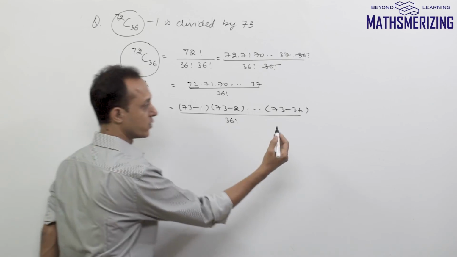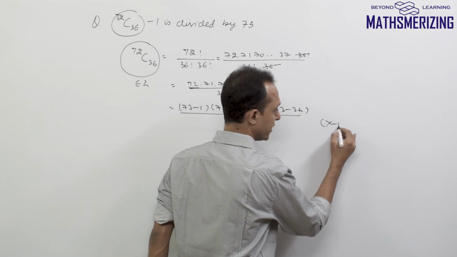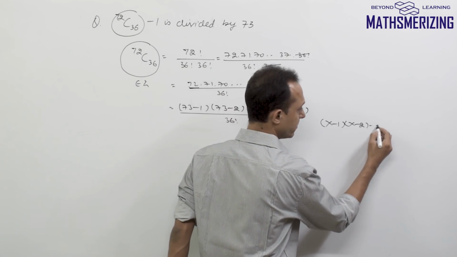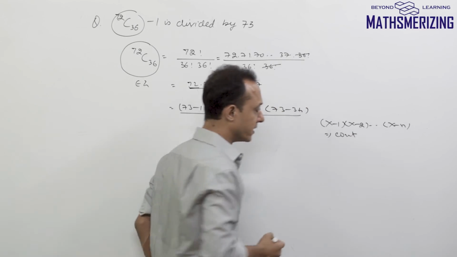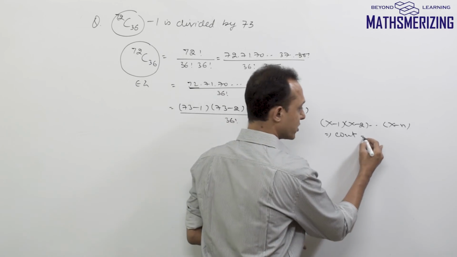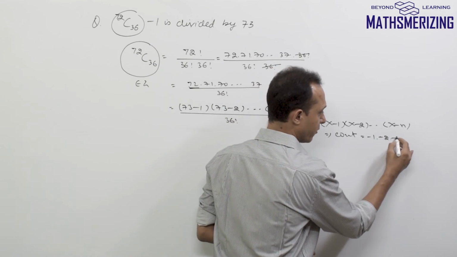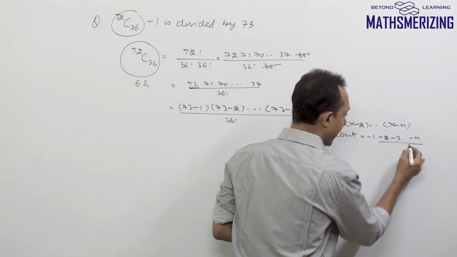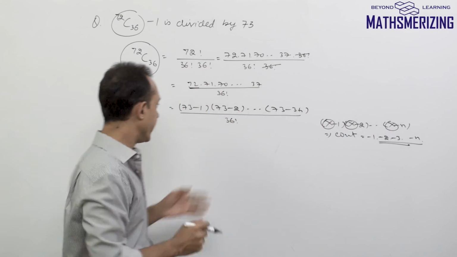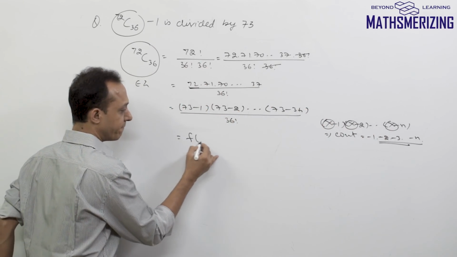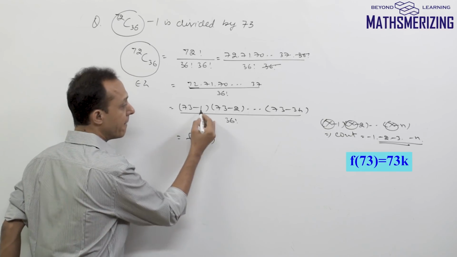Now recall the previous question where we have done this: x minus 1, x minus 2, up to x minus n. So what is the constant term in this? In this, the constant term was simply minus 1 into minus 2 into minus 3 up to minus n, and all other terms were a function of x, right? So I can write this as some function of 73 and then plus the constant term.